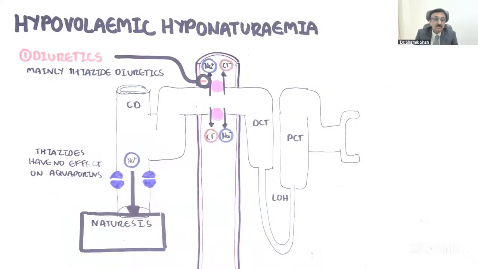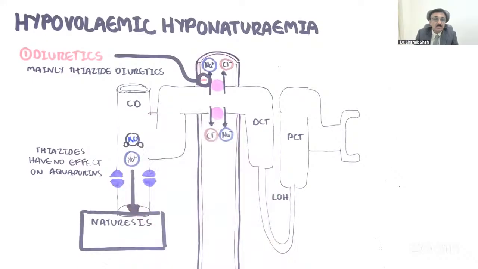Now, thiazides have no effect on aquaporins, so the water which follows sodium closely will also move out with the sodium in the urine. So these patients will have not only natriuresis, they will have diuresis also.